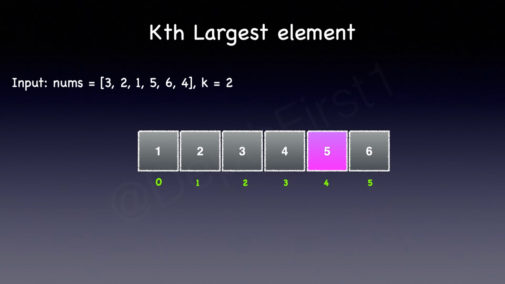And what does that mean in terms of index? It means that we are looking for a target index of length of nums minus k, which is equal to 4. So the element at target index 4 is the answer, which is 5. Now imagine this for just a few seconds. What if the numbers to the left of index 4 were not really sorted?